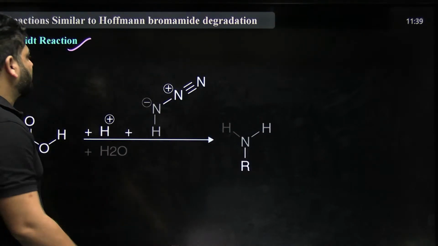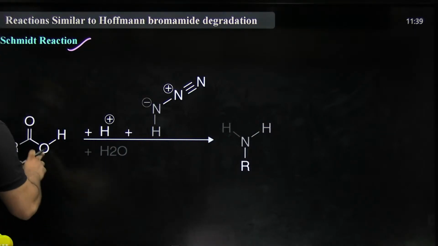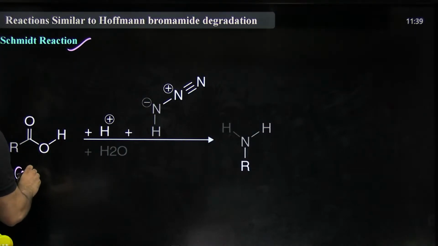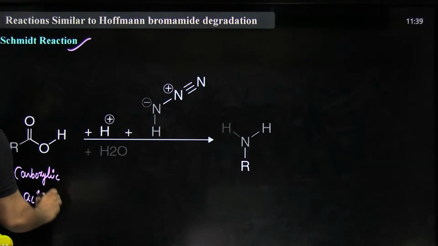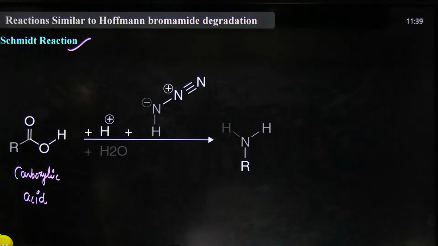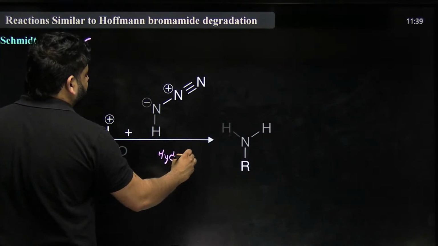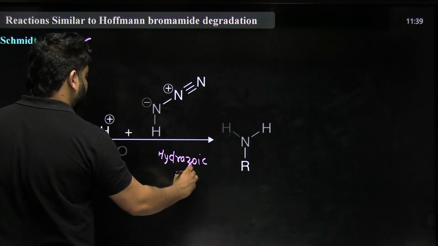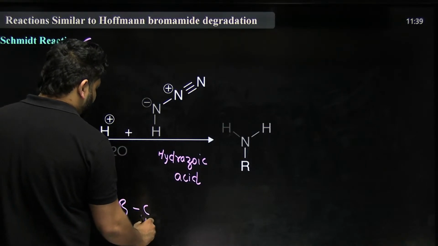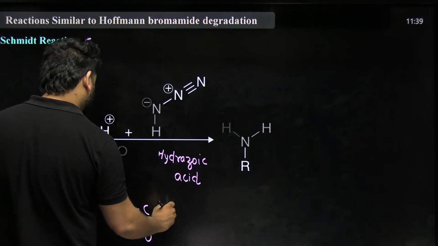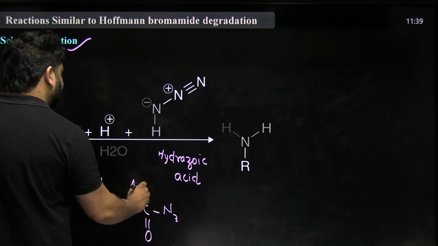Another very similar reaction. So what is happening in the Schmidt reaction? This is your carboxylic acid. When the carboxylic acid is reacted with hydrazoic acid, HN3, this leads to the formation of RC double bond O N3, which is again acyl azide.